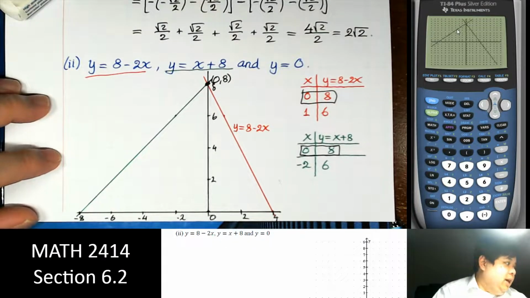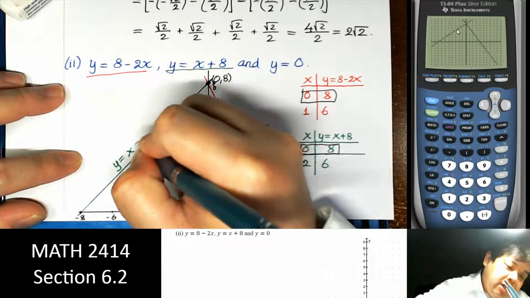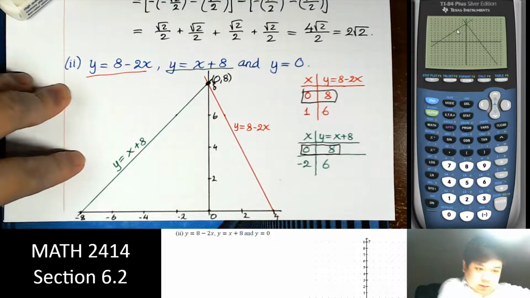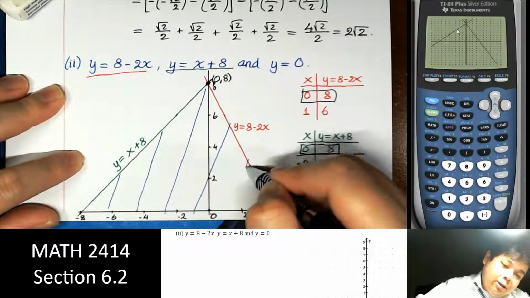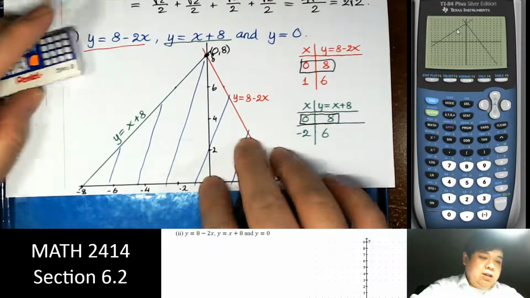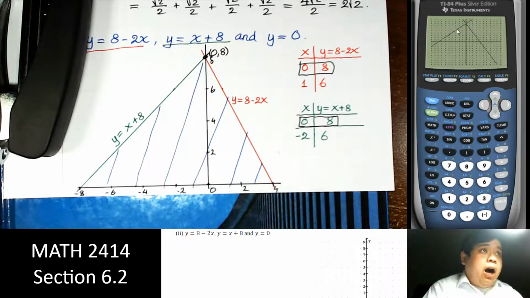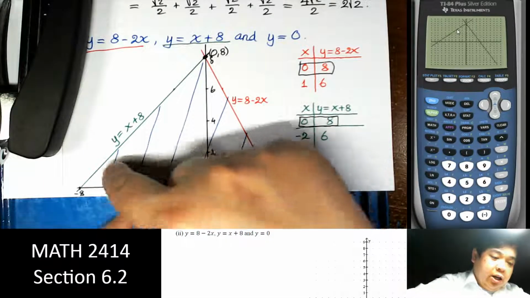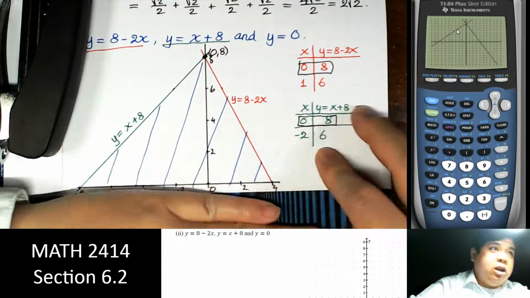Now, let's set up the integral first. Wait, let me just write the function y equal to x plus 8. So we're talking about this area here. When we look at this, if we use dx, meaning the function above minus the function below, above it is bounded by this function, and below it is bounded by the x-axis.